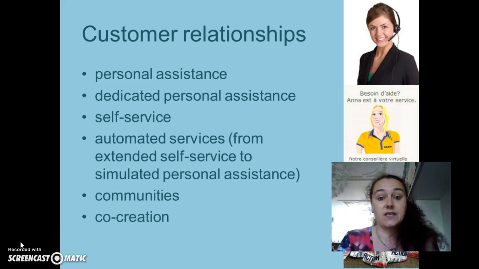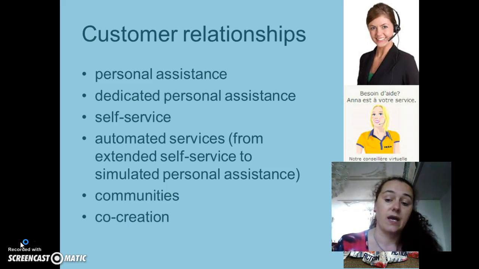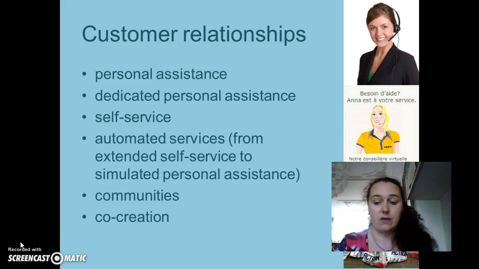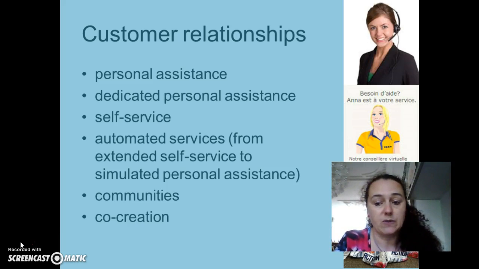So the different types of customer relationships. Of course there's personal assistance. That can be personal assistance in the shape and form of somebody on the telephone, but it can also be live. Then there's dedicated personal assistance. So for example, if you have more than 100,000 euros in the bank, they will give you your account manager, and you will always be talking to the same person, whereas if you have less than that, you just go in general to the call center or to whoever is on duty at that moment.